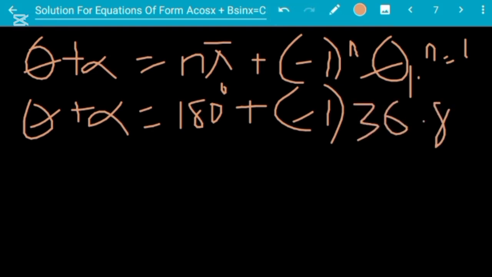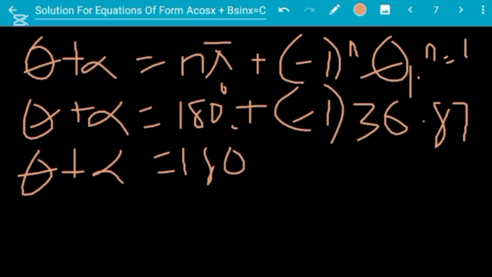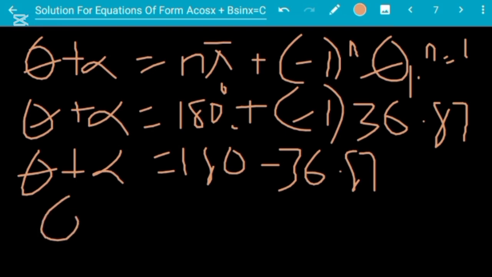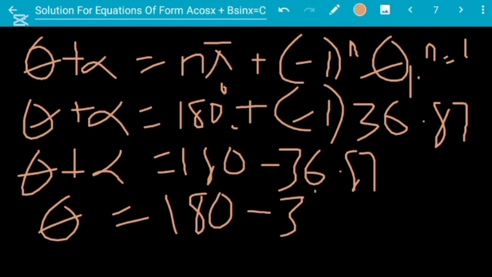So theta is equal to 180 minus 36.87 plus 53.13.